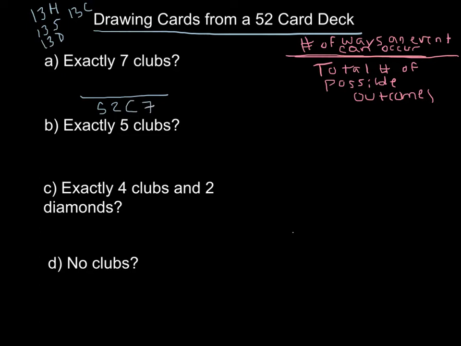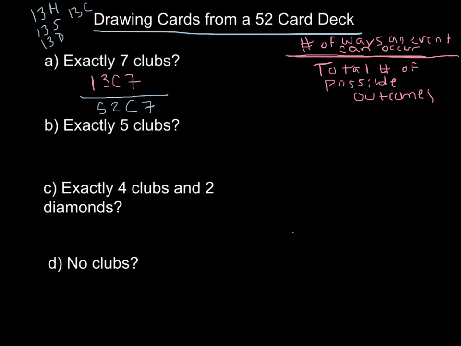Now let's look at the numerator, the number of ways that our event, drawing exactly 7 clubs, can occur. Since we're going to draw all clubs, we just need to count how many ways you can draw 7 clubs. There are only 13 clubs in the deck, so the number of 7 card hands that are all clubs is just 13 choose 7.